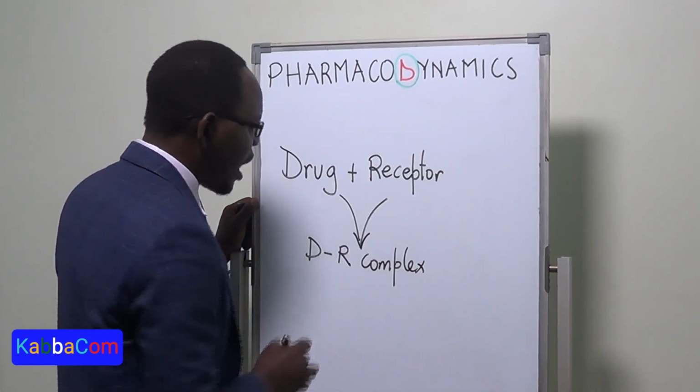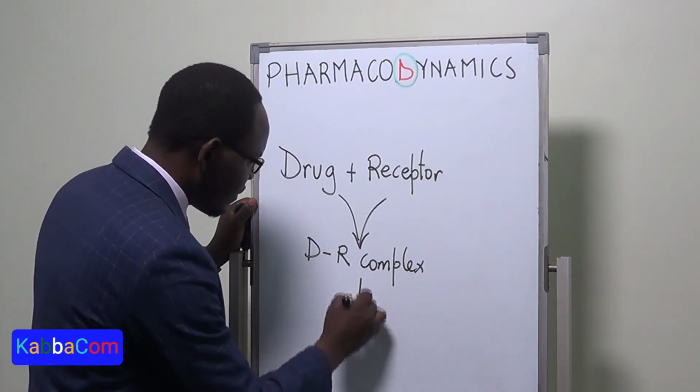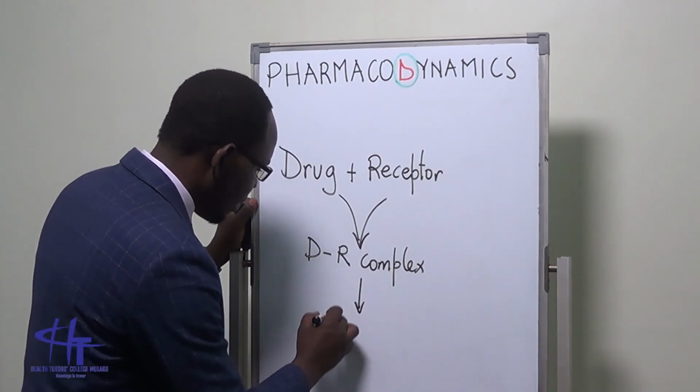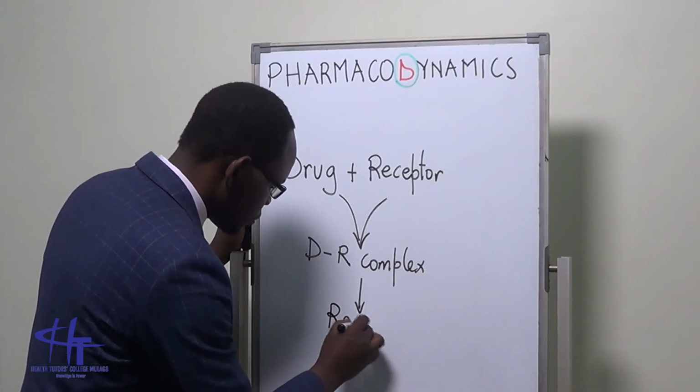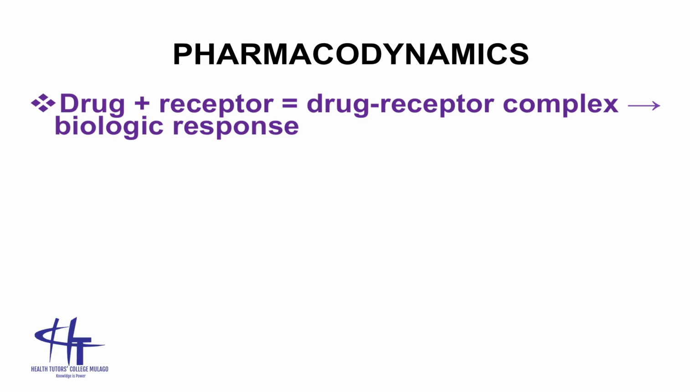It is this drug receptor complex that will give us a biological response. So the drug has to bind to the receptor, and the site where it binds is what we call the ligand binding site, or the receptor site. Once it binds, we see a series of transduction changes, and so we eventually have a biological response.